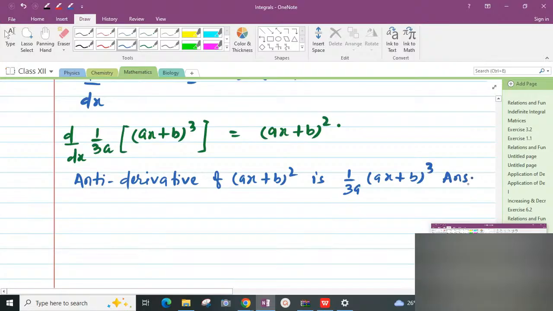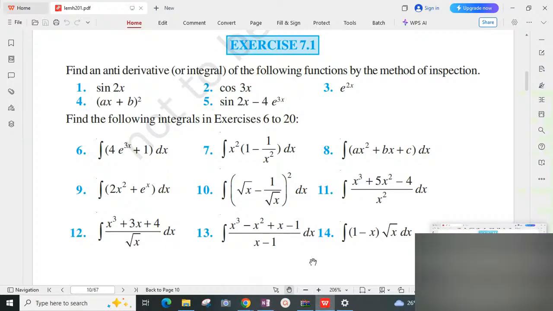This is the answer. Hope there is no problem to understand the solution of this question. So here question number 5 is sin 2x minus 4 into e to the power 3x.